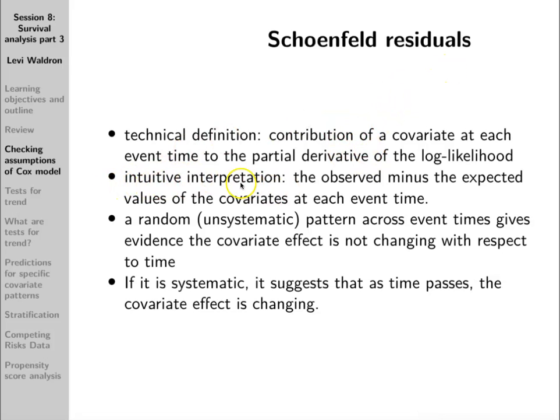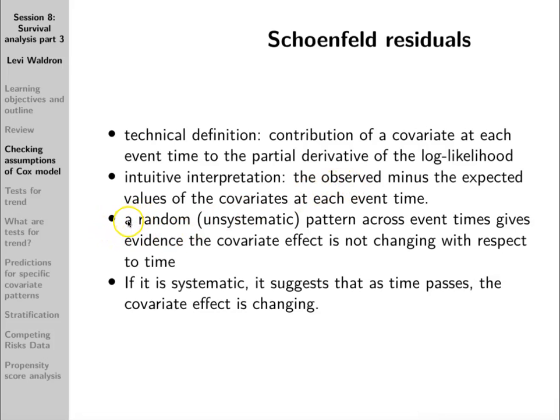A more intuitive interpretation is the observed minus the expected values of the covariates at each event time. So the expected value being the value that you'll get in your Cox proportional hazards fit, which is constant over time, and this observed being what it would be for observations at that particular time.